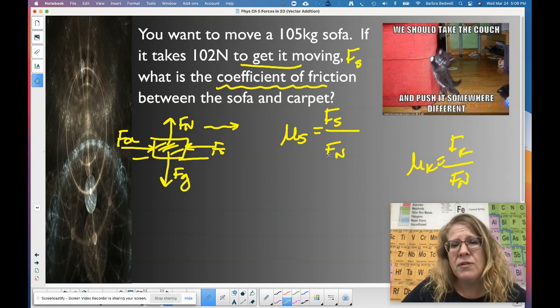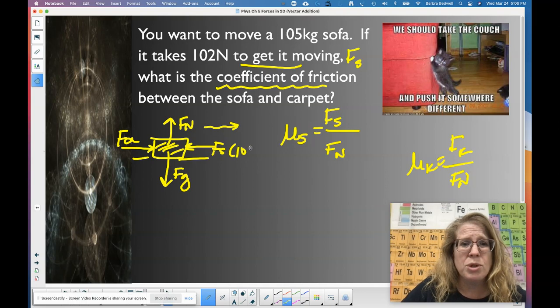So far, so good? Okay. So Fn, we can figure that out. Fs is given to us. It takes 102 newtons to get it moving. We know what Fs is. This is 102 newtons right there. We need to figure out what Fn is, but we can use Fg to figure that out. Fg, remember, is m times g, mass times acceleration due to gravity. It has to do with the weight of the couch.